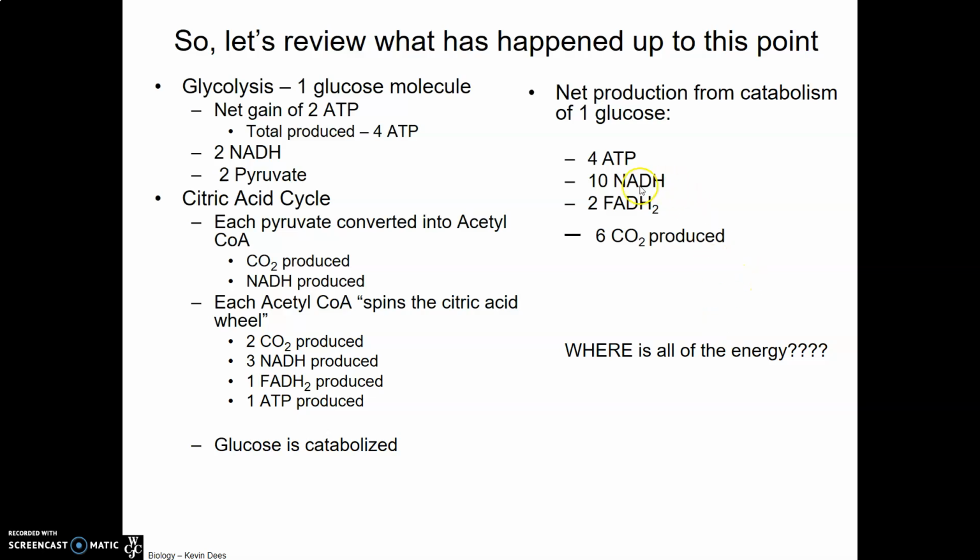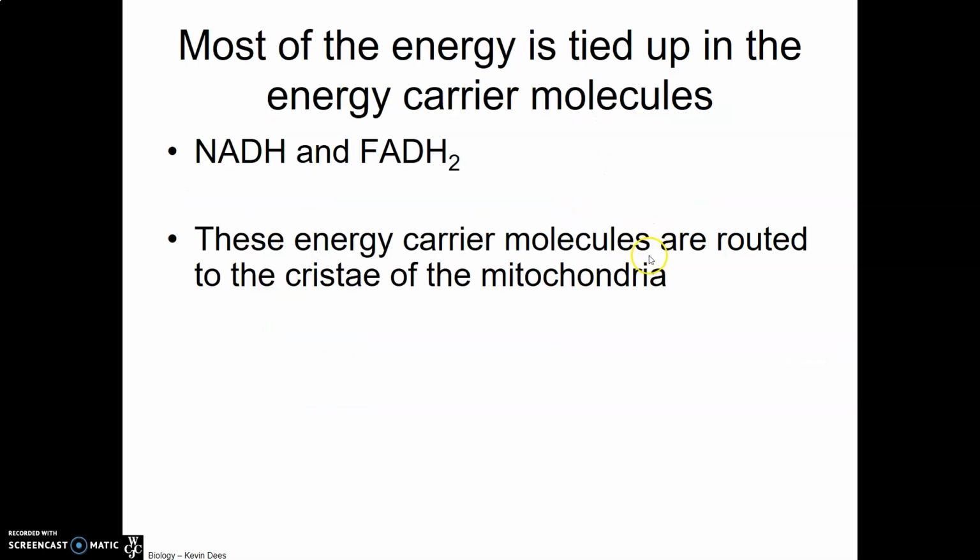Well, if you think about it, most of this energy is going to be tied up in these electron carriers. So far, we've created 10 molecules of NADH and 2 molecules of FADH2. And it's these energy carrier, these electron carrier molecules that are going to be routed to the cristae of the mitochondria for the final third step.